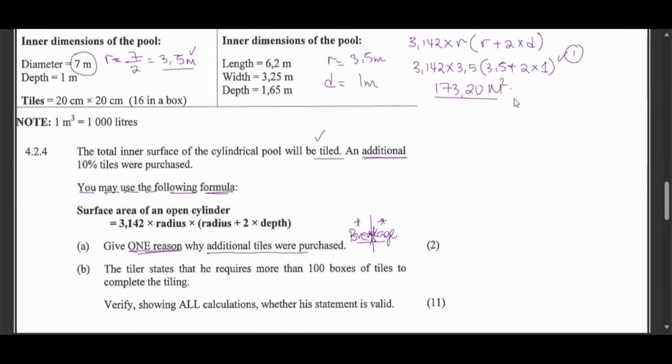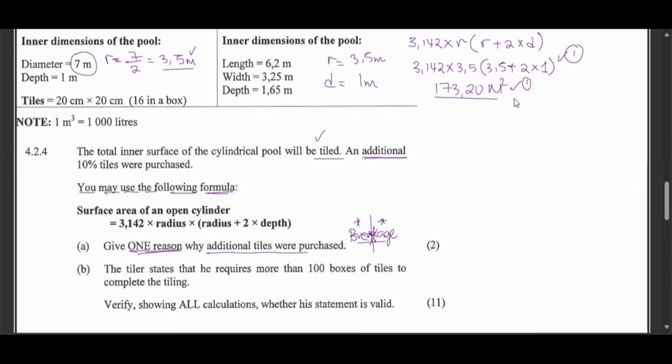So you have got your answer, so you have your 2 marks. But we are not interested in this. What are we interested in? The question states that the tiler, the person who's going to tile, requires more than 100 boxes of tiles to complete the tiling.